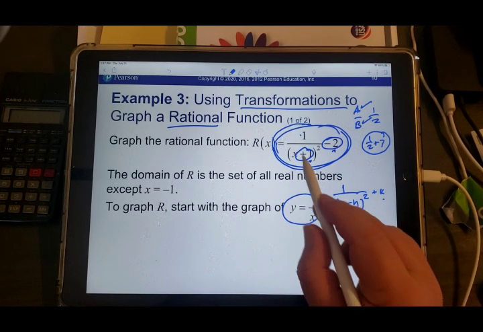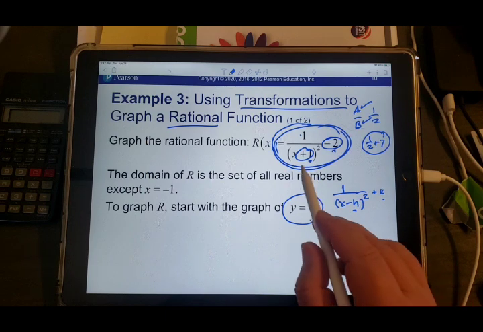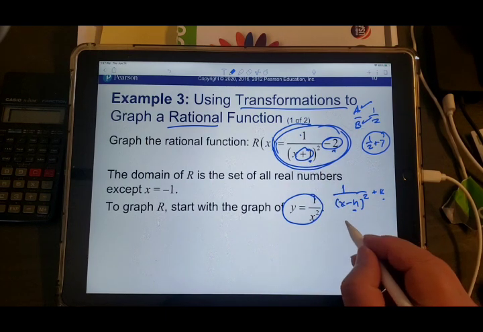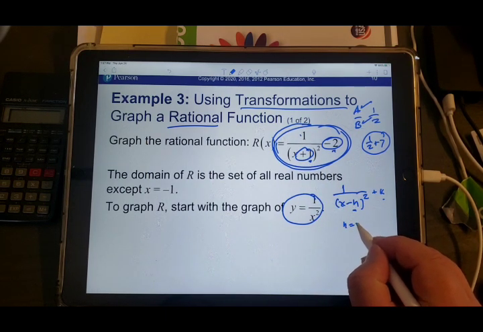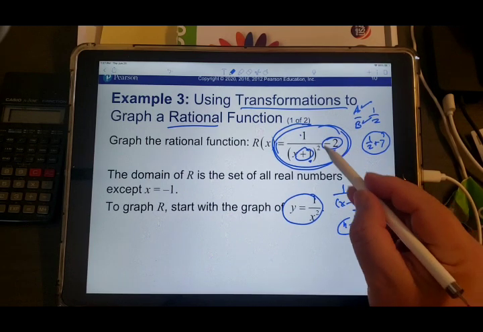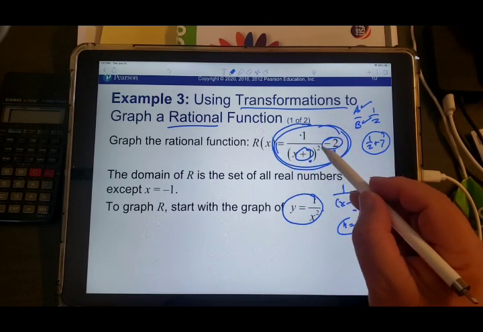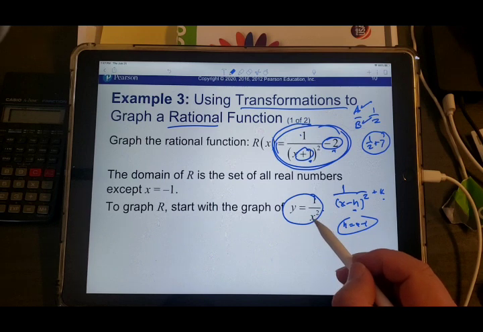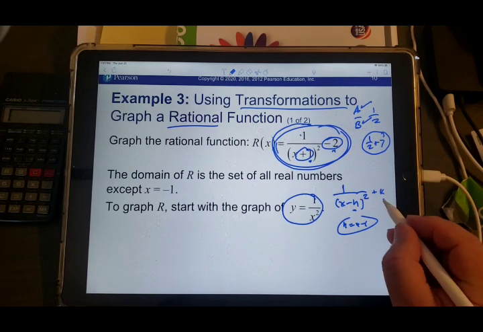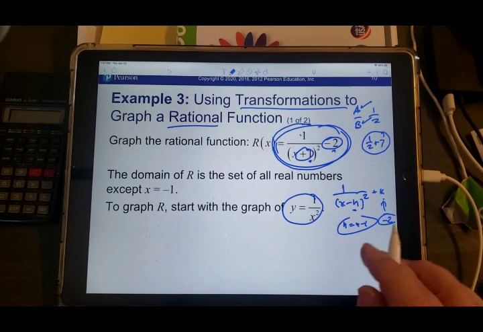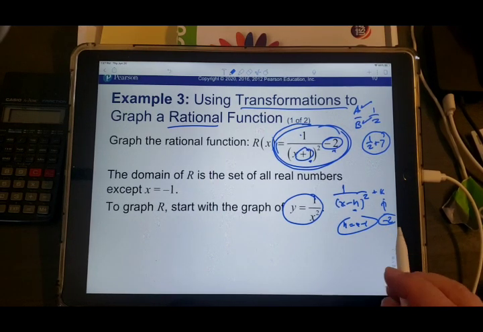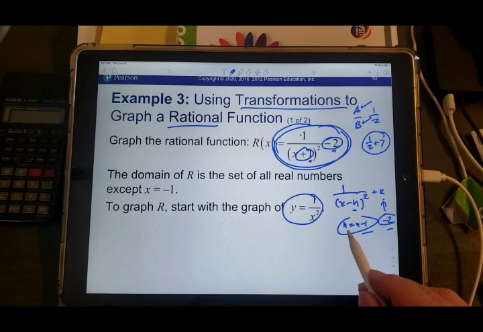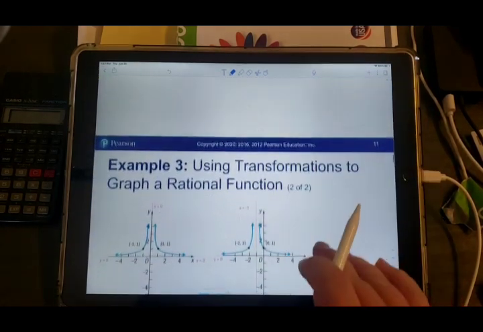Anyhow, match this up. Do you see it? What am I subtracting from x? -1. What am I adding to the function? What am I adding to this function? -2. So my transformation is (h, k), or (-1, -2), and let's see that in action.